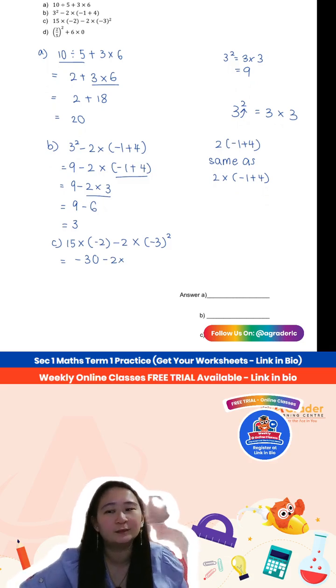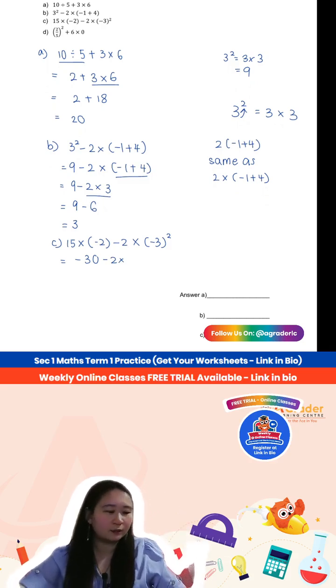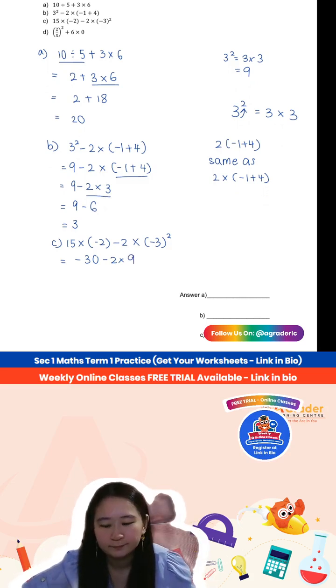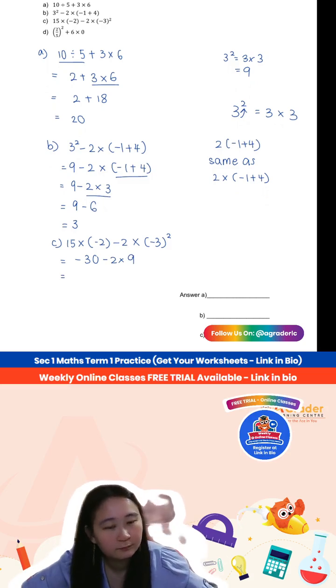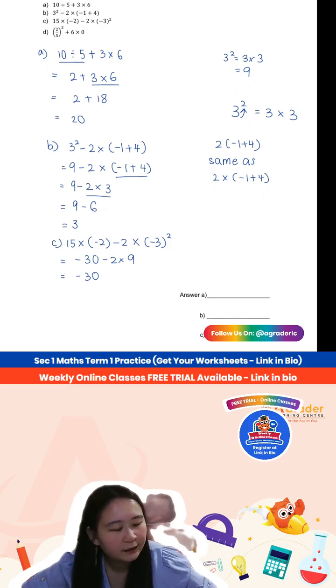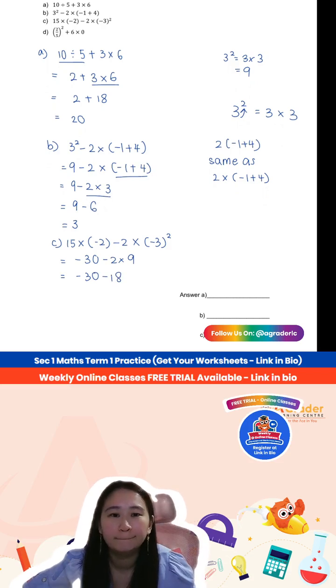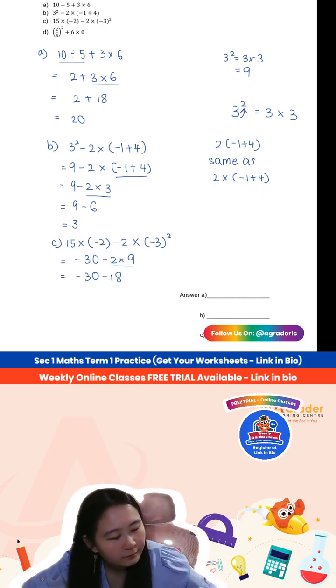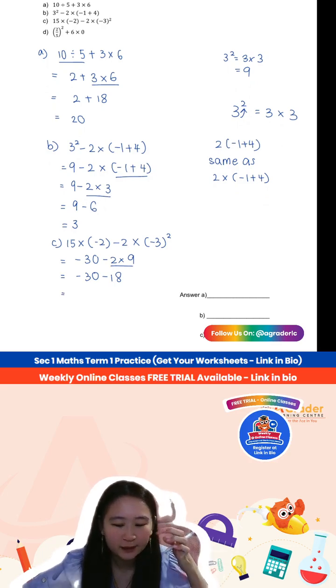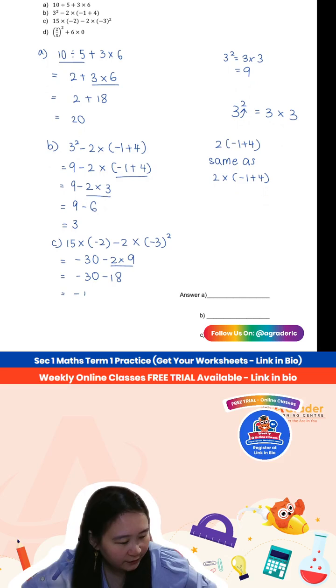Negative times negative is positive, so negative 3 times negative 3 is a positive 9. So negative 30 minus 2 times 9, which is 18, because multiplication comes first. So negative 30 minus 18, we have negative 48.